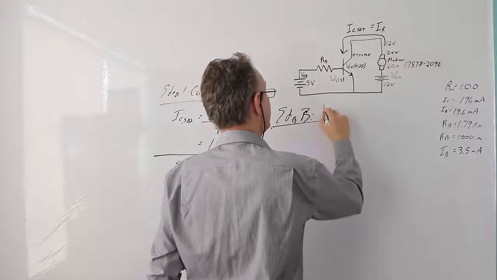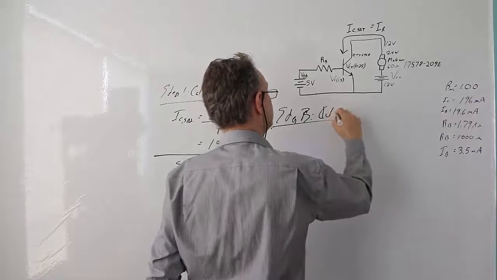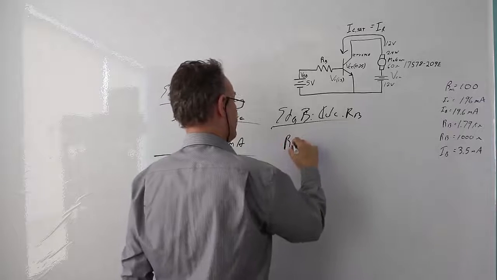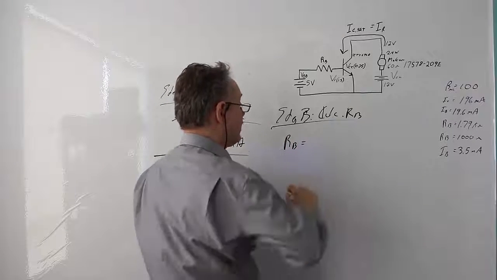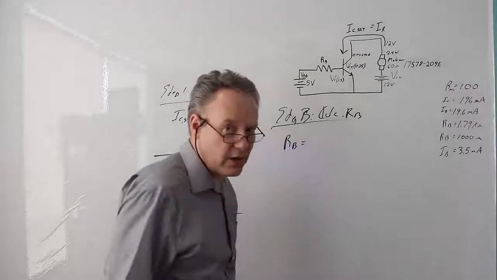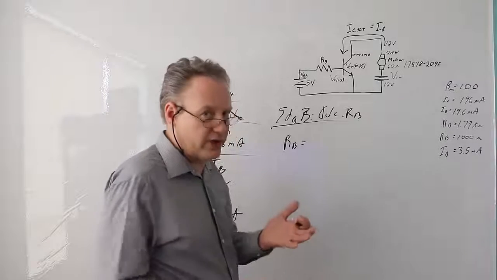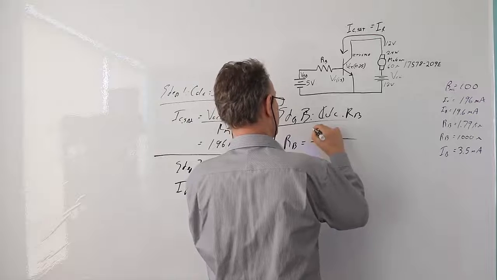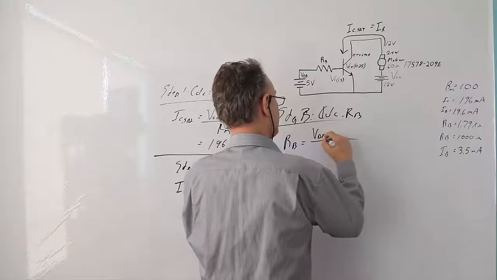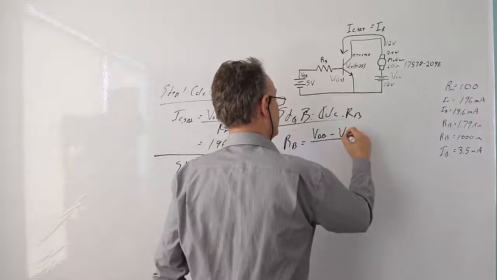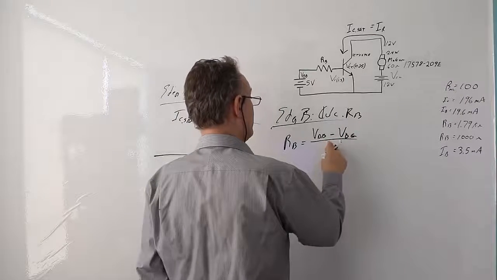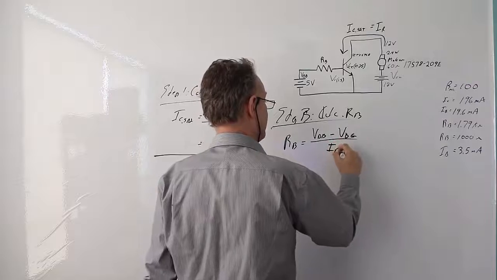Okay, step 3 is calculate RB. So RB is going to be, using Ohm's law, the voltage drop across the resistor divided by the current going through it. Now we know the voltage drop in this case is going to be VBB minus VBE. Now the current going through here is going to be IB.